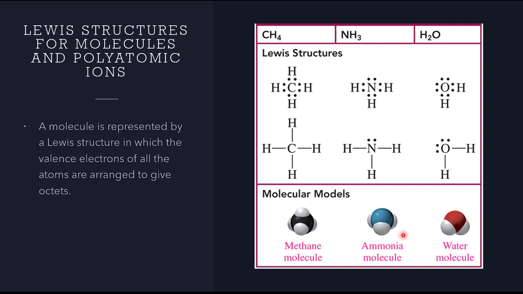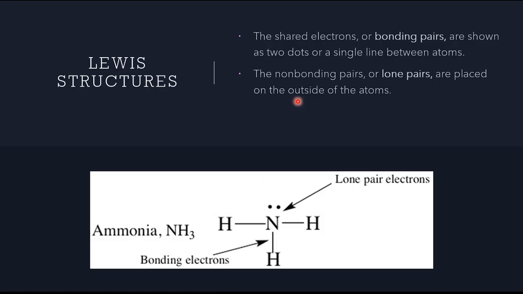We won't get into this part of the lecture until part 3. All right, so for right now, let's focus on how we can derive the Lewis structure. The shared electrons or bonding pairs are shown as two dots or a single line between atoms, as I already said. The non-bonding pairs or lone pairs of electrons are then placed outside of the atoms.